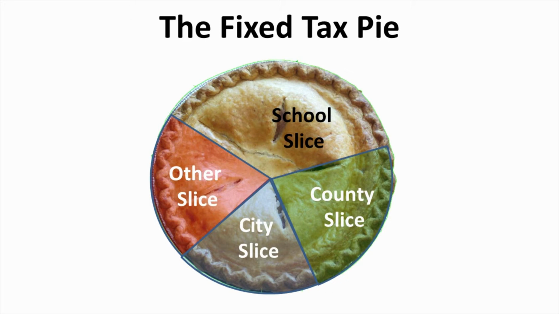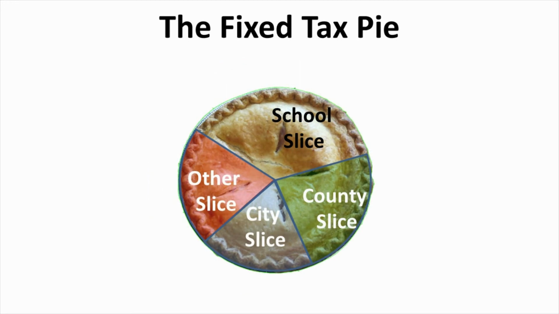That means, though, that decreases in assessed values reduce revenues for all units. When the recession reduced property values, taxpayers paid less and local governments lost revenue. Reassessment has cut assessed values in many places. That's reduced local government revenue too. Wait, there's more! When the property tax is maxed out or there's a fixed pie, strange things start to happen.